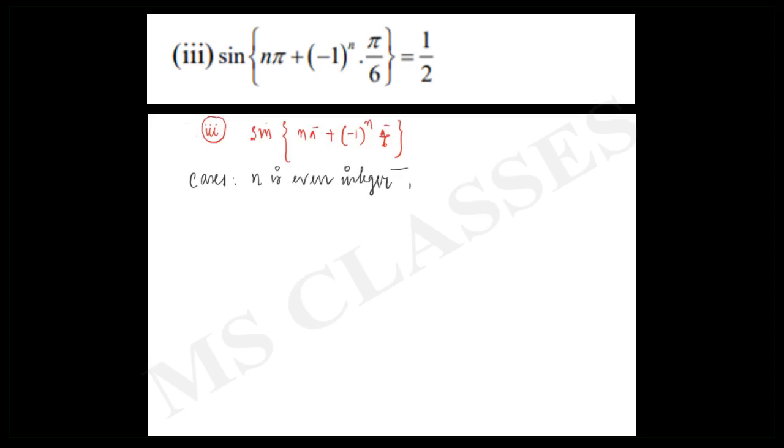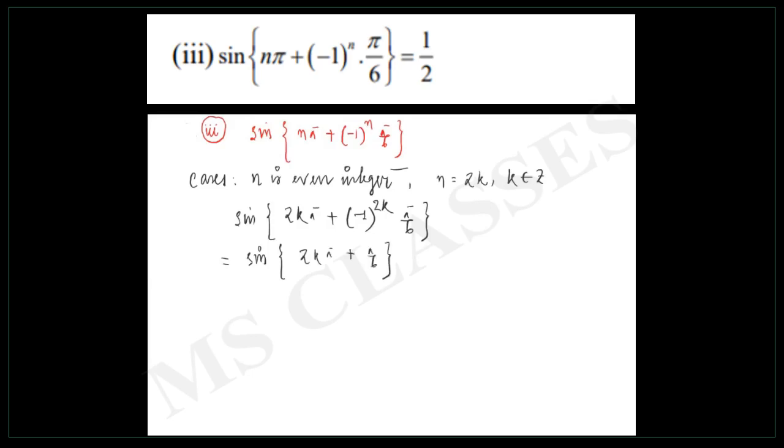Now when n is an even integer, what can we write? n equal to 2k, k belongs to Z. Now if we substitute, it is sine of 2k pi plus minus 1 to the power of 2k pi by 6. Now this gives us sine 2k pi plus pi by 6.